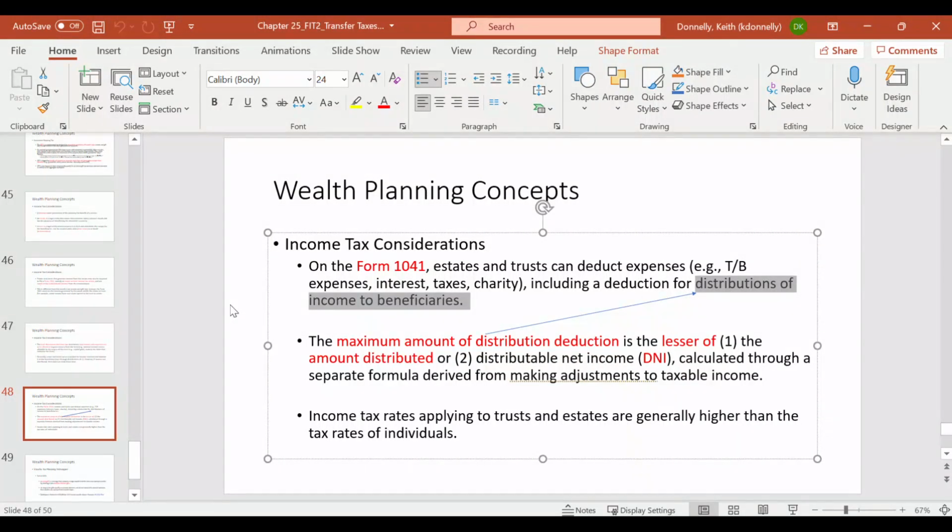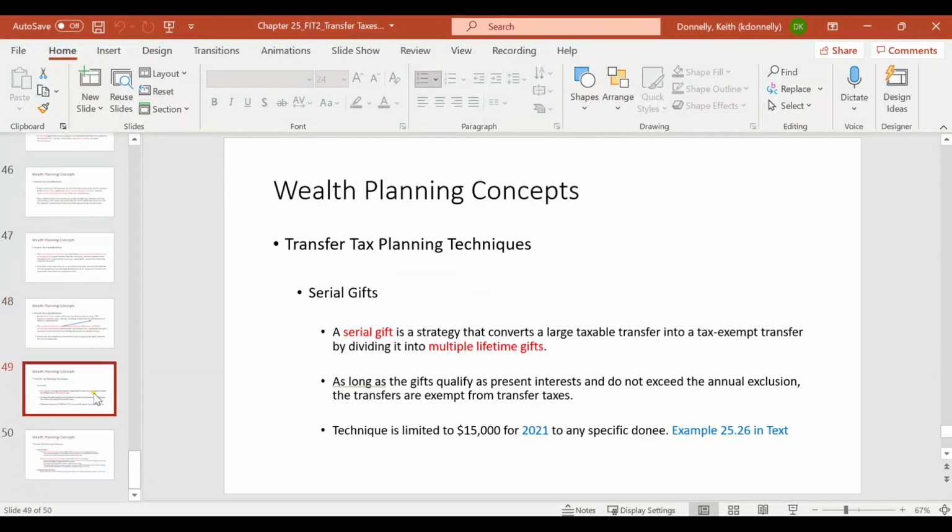And what they say here is the maximum amount of distribution is the lesser of what was actually distributed, or this DNI, distributable net income, which is calculated through a separate formula. And one thing to be aware of here is tax rates applied to estates and trusts are a lot higher and more compressed than tax rates of individuals.